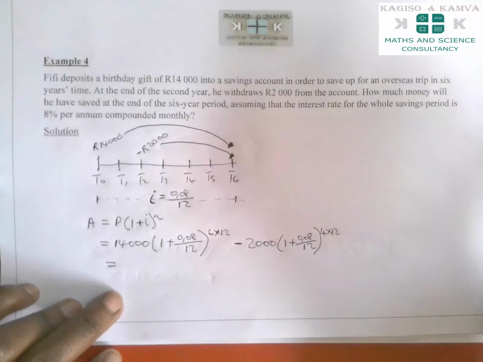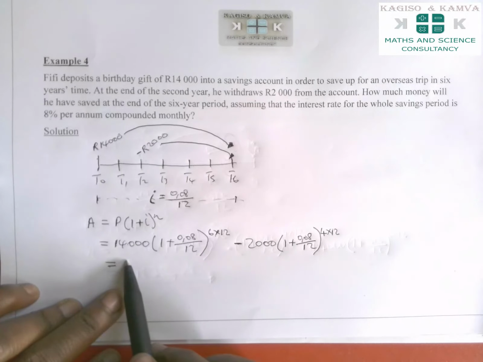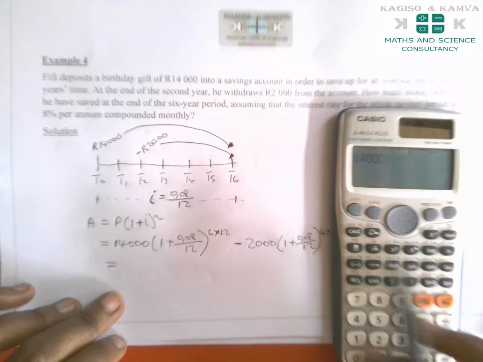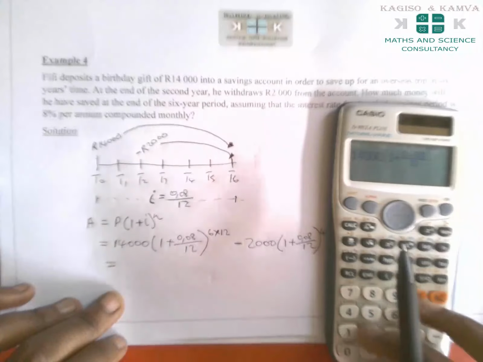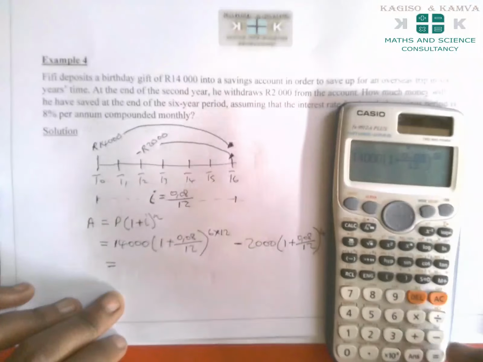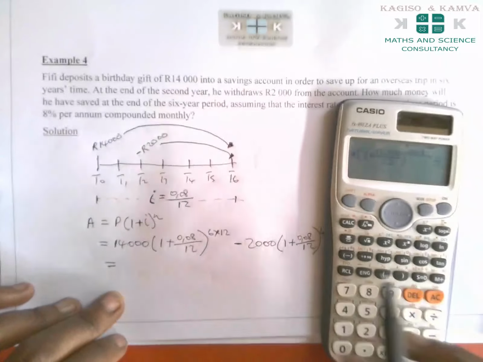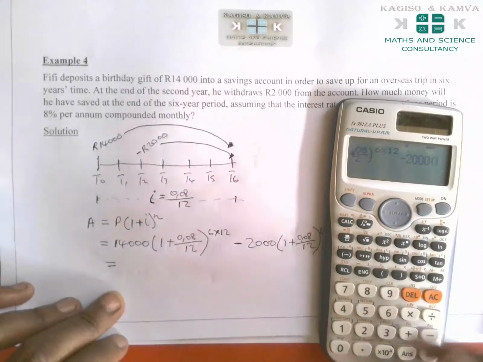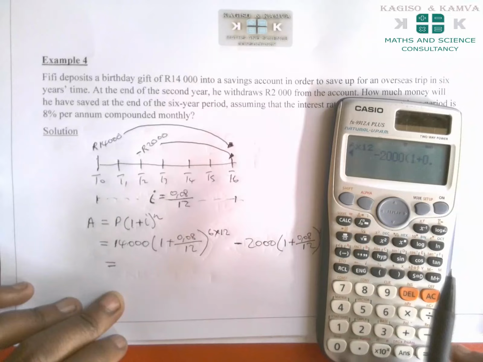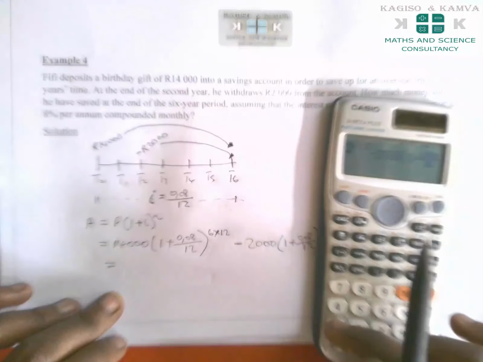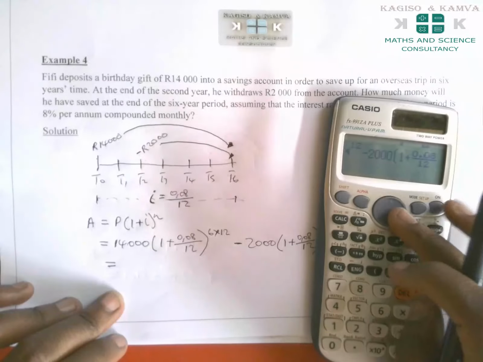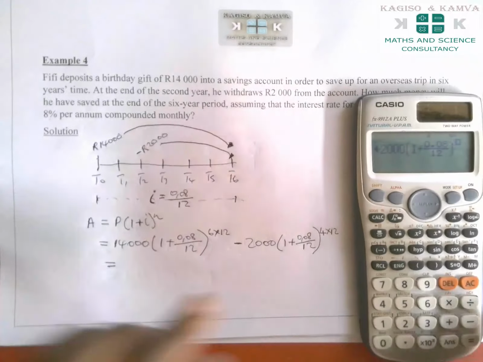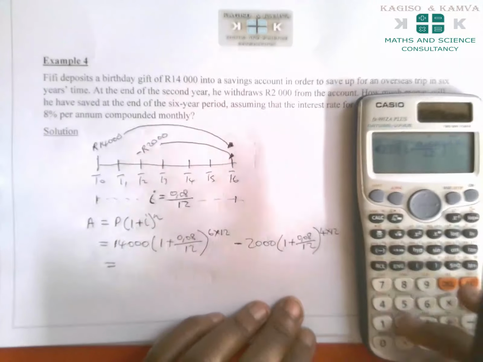So at the end of the 6th year, how much is he going to get? He's going to get 14,000 times 1 plus 0.08 divided by 12 to the exponent 6 times 12, but also minus the 2,000 that was withdrawn, which would have accumulated some interest: 1 plus 0.08 divided by 12 to the exponent 4 times 12.